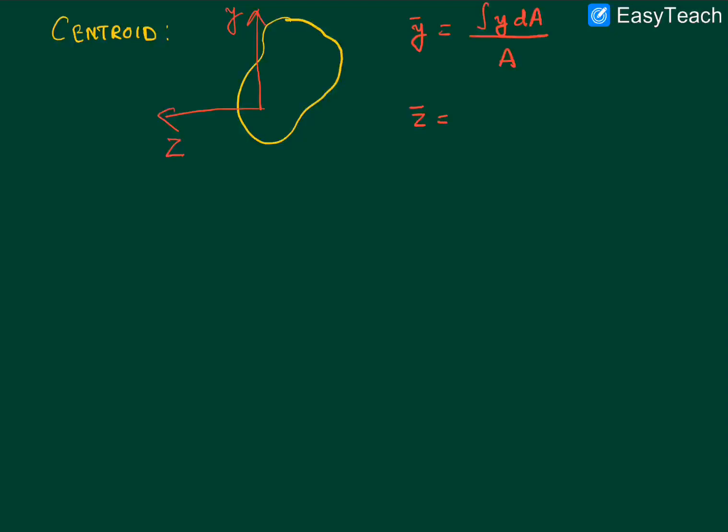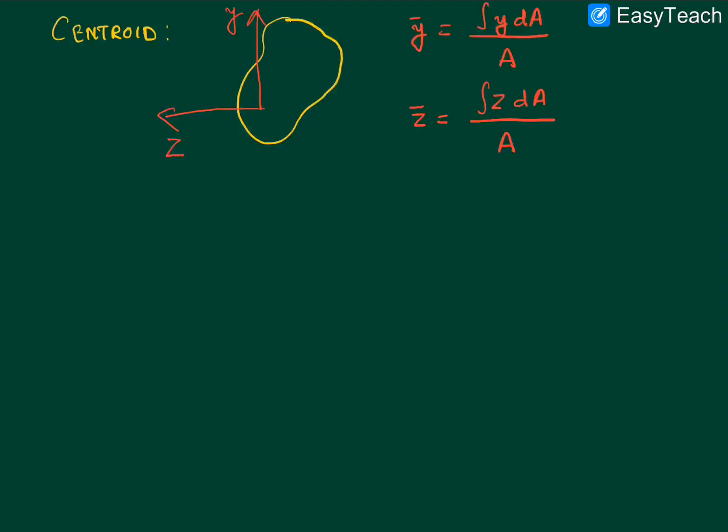The z coordinate of the centroid will be given by this formula, and you can immediately see that this is not too different from the way that the center of mass is defined. The only difference is that the density is not present here on the right hand side.